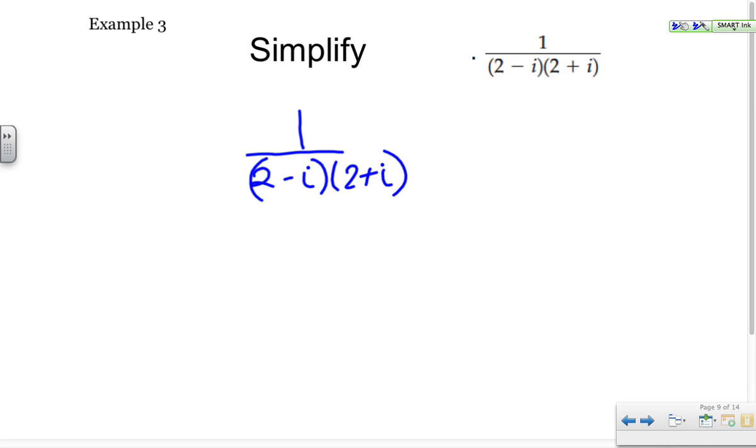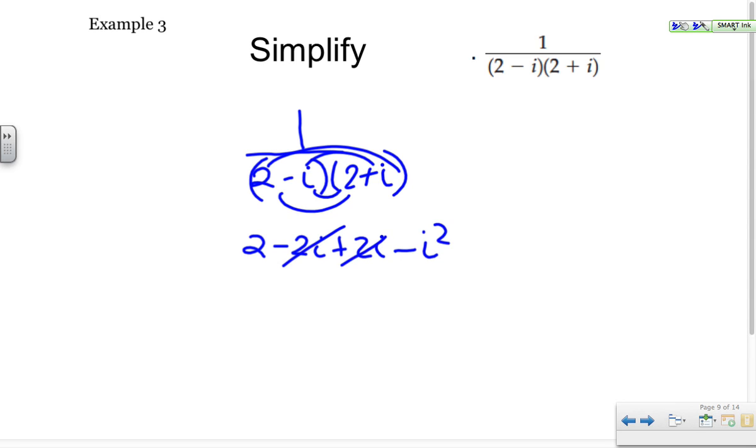So I will simplify: first, inside, outside, last. Okay, so I have 2 plus 2i minus 2i minus i squared. These go away. Now i squared is negative 1, so it becomes minus a negative 1, which is plus 1.